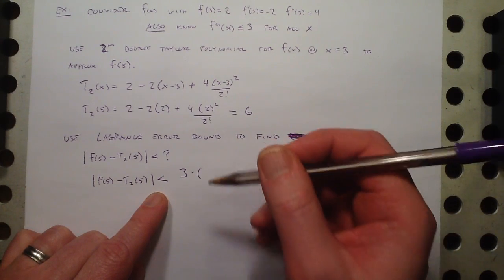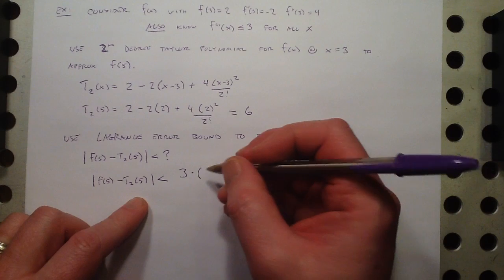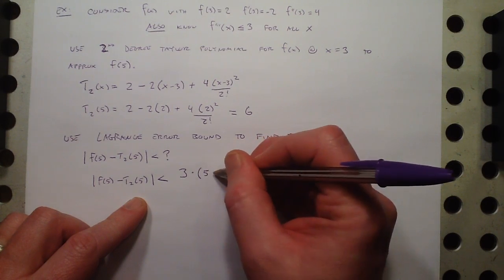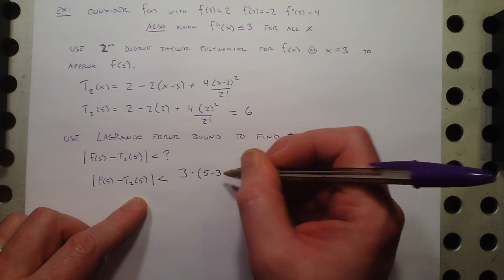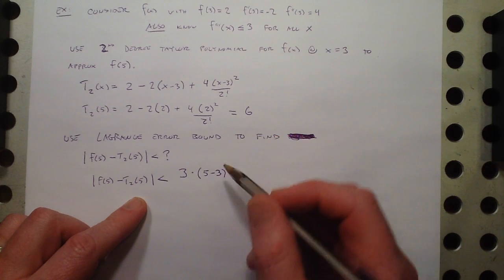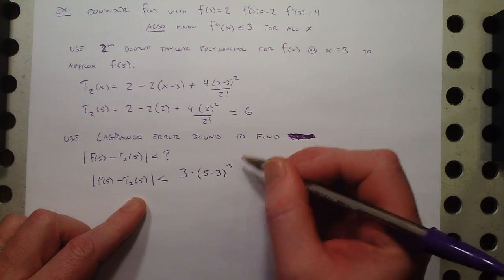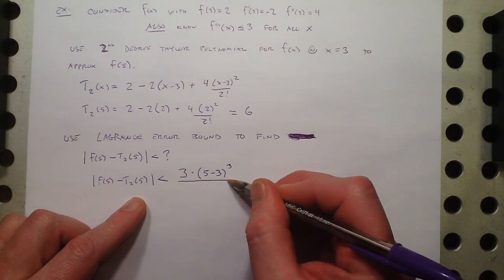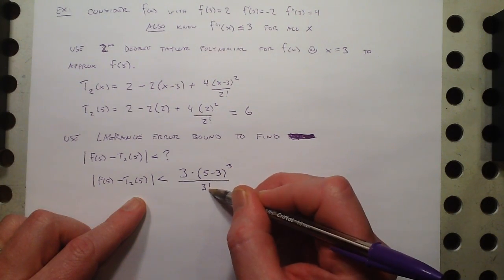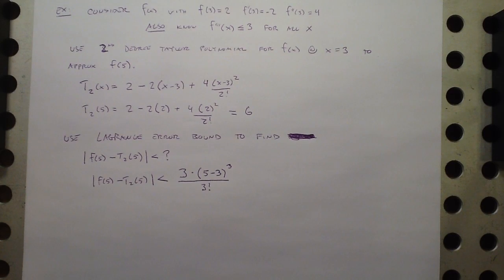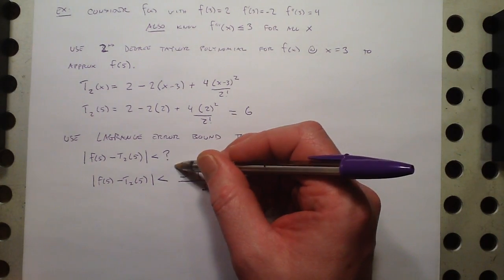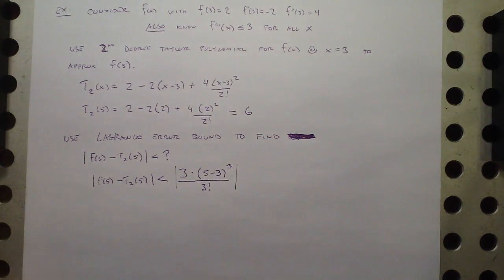And then I have my x value, which is 5, minus 3, because the series is centered at 3. And this is my third degree term, so the next term, over 3 factorial. Right? And just in case this comes out to be negative, we are talking about the absolute value of that.